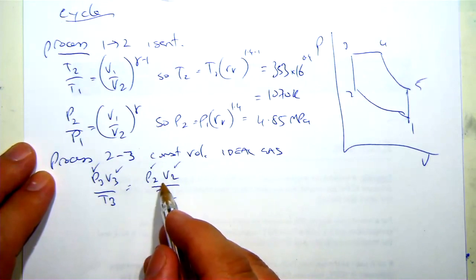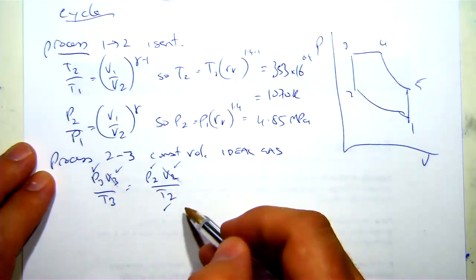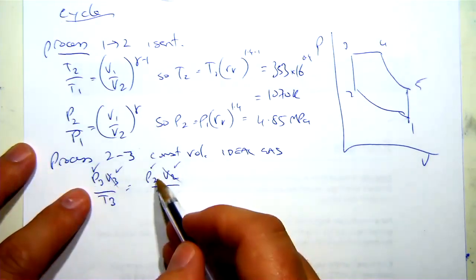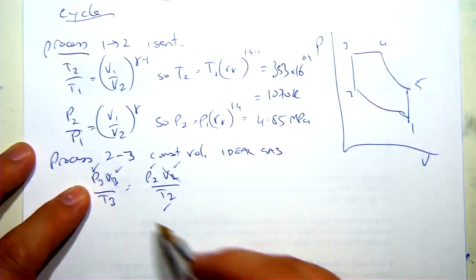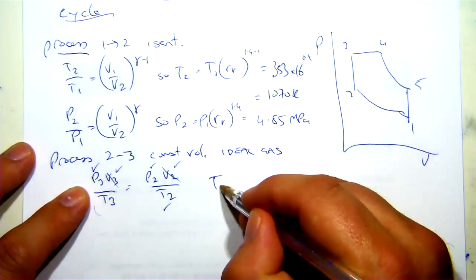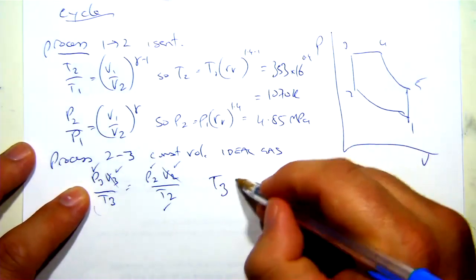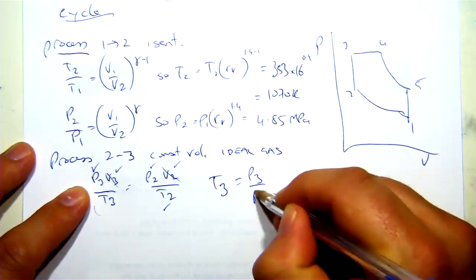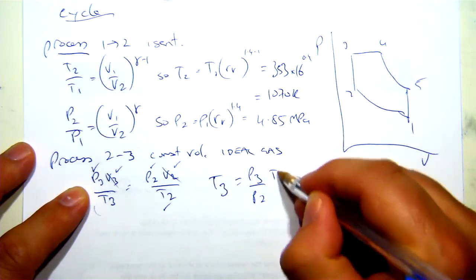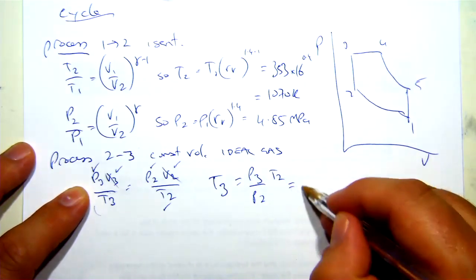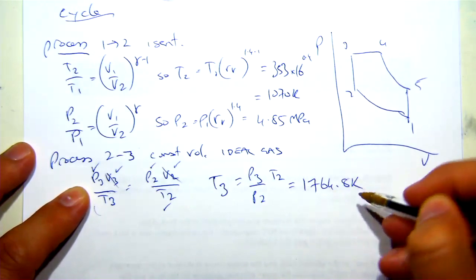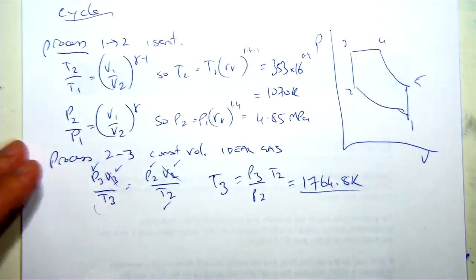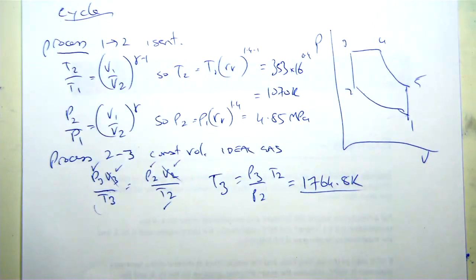This is a constant volume process. I've just determined P2. I've been given P3 in the question, and so then I can solve this for T3 equals P3 on P2 times T2, which if I put it all in, I'm going to get 1764.8 Kelvin. I'm not trying to put in infinite decimal places, and decimal places imply a certain precision. I don't want to go too far in my decimal places.